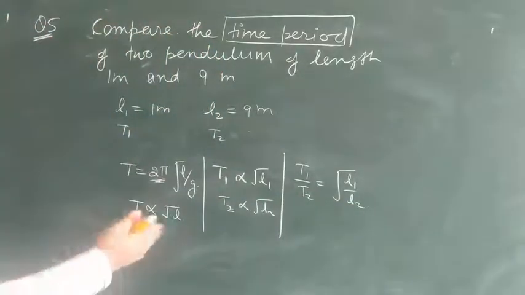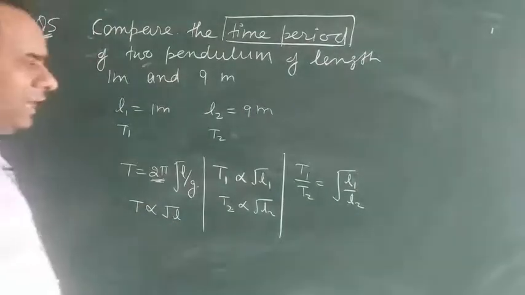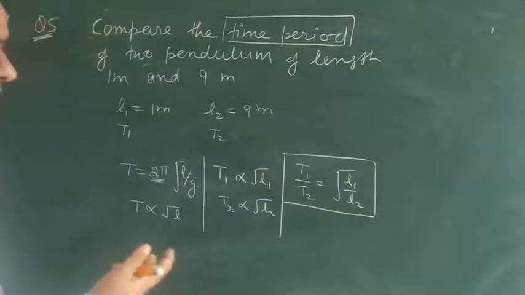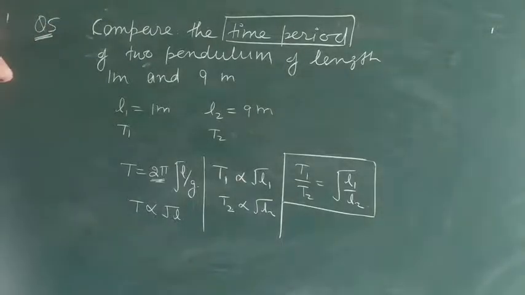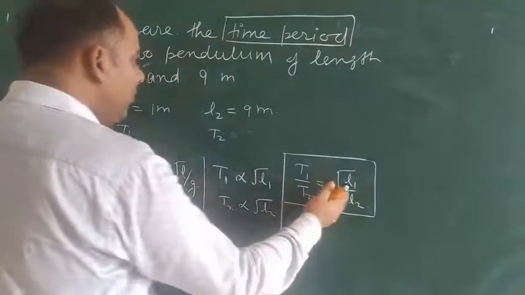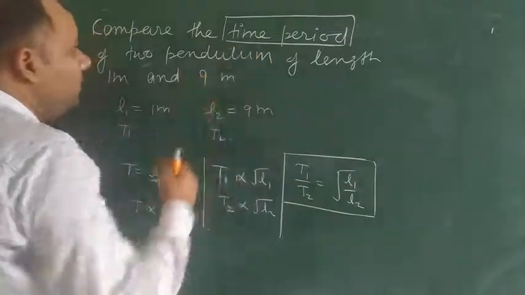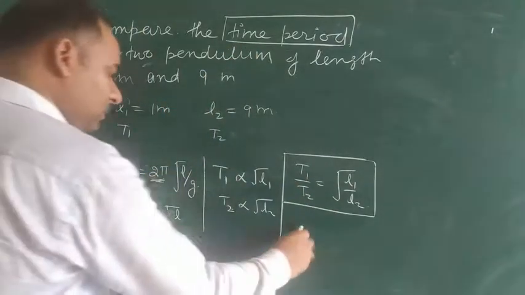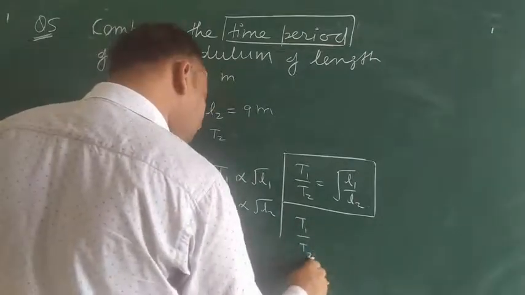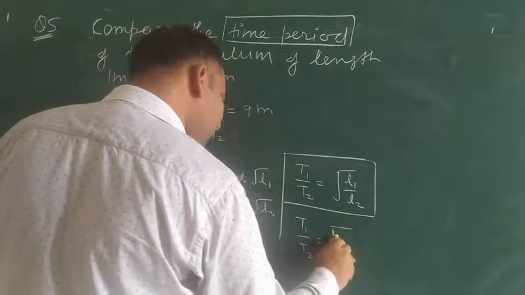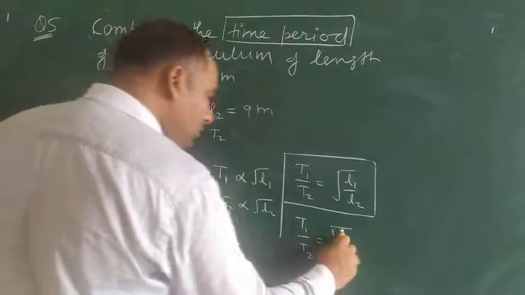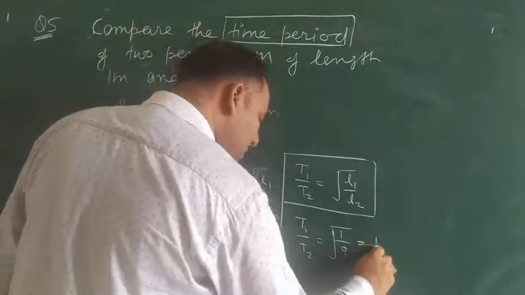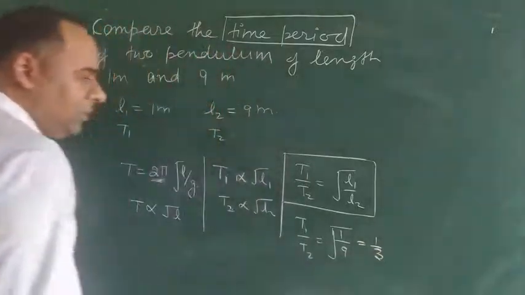If g is constant, in that case you can directly use this formula. Then you have to determine the ratio of time periods, that is, compare the time periods. So T1 upon T2, put the values of L1 and L2. L1 is 1 and L2 is 9. After solving, this is 1 upon 3.